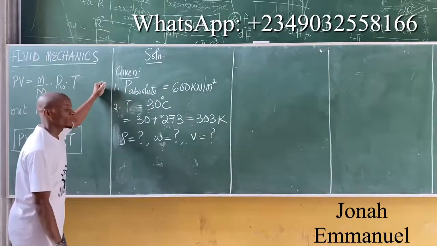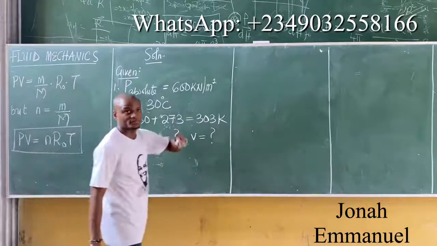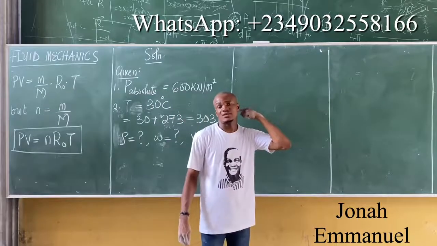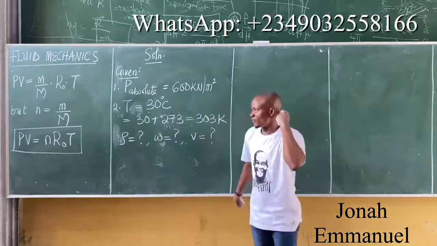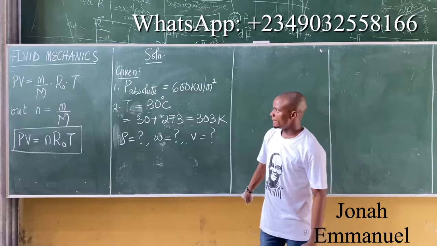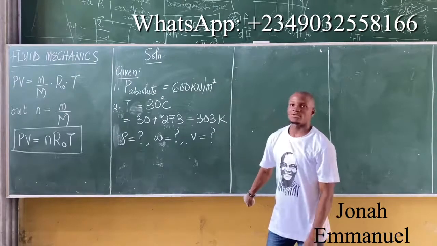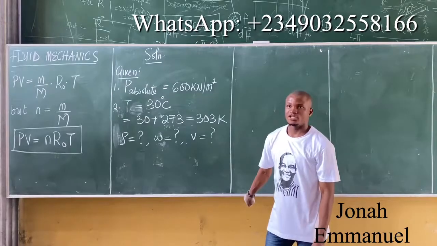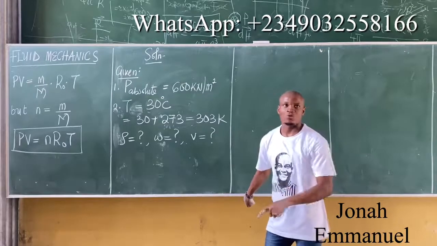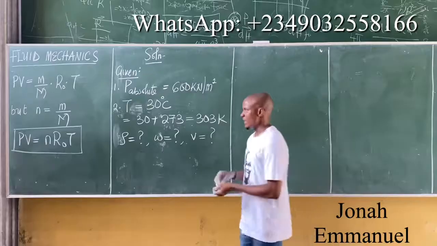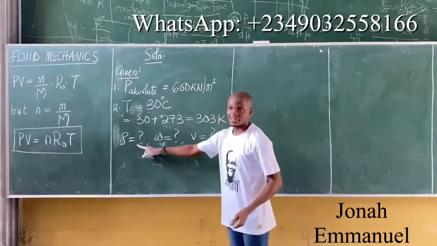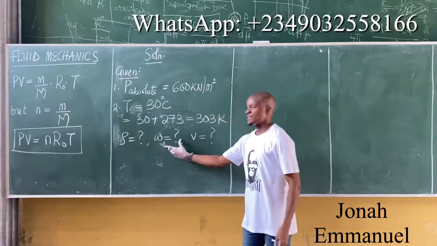Listen. I've said before, whenever it comes to a question like this, first of all, think out what you have to do. It will give you a clue on what to do first, what to do next, and so on. I'm asked to find specific mass, specific weight, and specific volume.